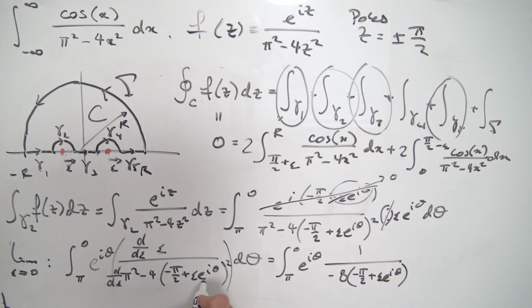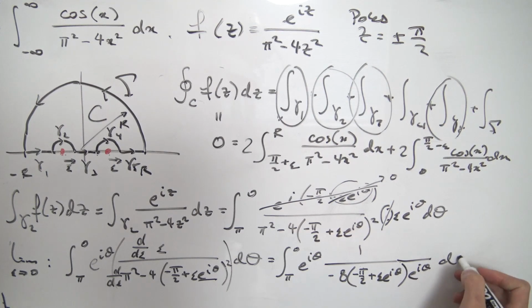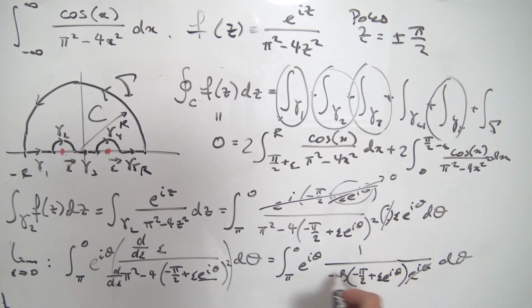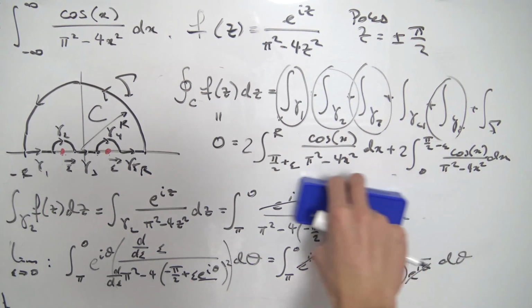So we have this constant multiple of epsilon, i theta. So the derivative of the inside is e to the i theta, like so. Then we have d theta. Alright, so then in L'Hopital, notice that we have an e to the i theta, which will cancel out right here. And now we can clearly see what would happen if our epsilon goes to 0. This part right here, that's just going to vanish off to 0. So let's erase this right here.